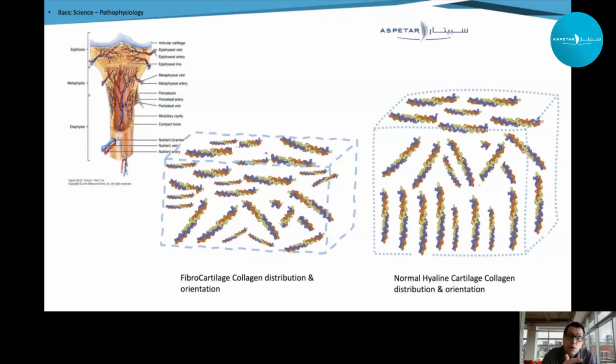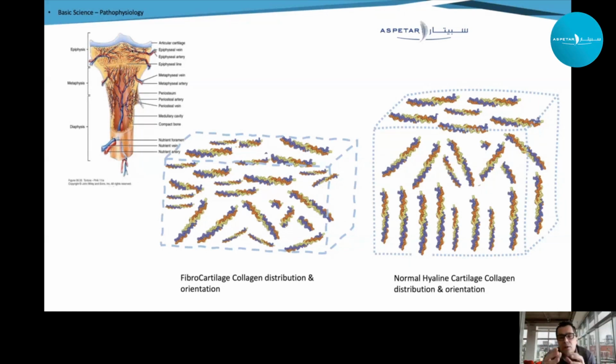The second is that we don't have blood supply and neural adaptations in the area, so we don't experience pain, especially in the initial phases where the cartilage defect is not going down to the bone. And this has the third part: it gives us the disadvantage of not having a very good healing response, as you can understand.